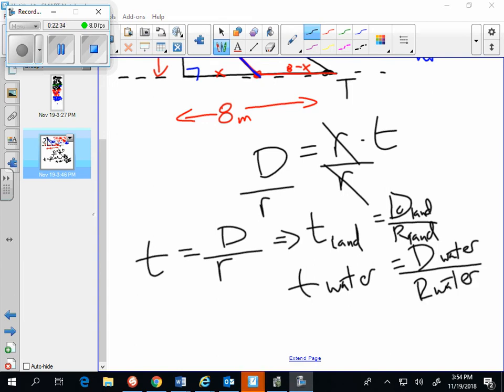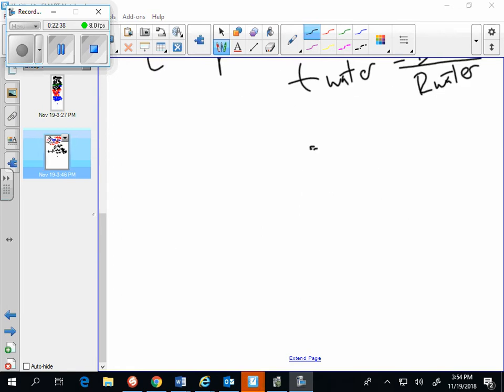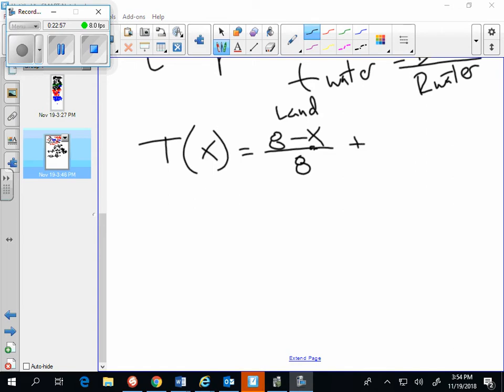So let's put all that information together now to get a total time equation. Total time as a function of x is going to be the land distance over rate, that was 8 minus x, over the rate, which was 8, plus, what can we say about the water experience?